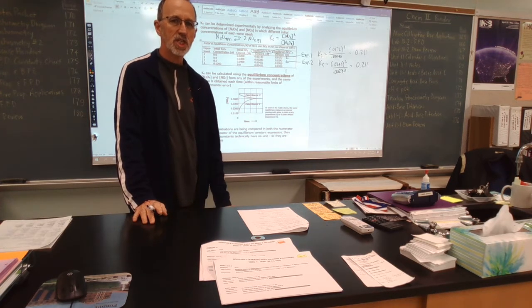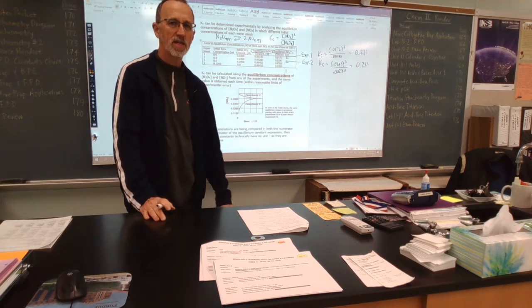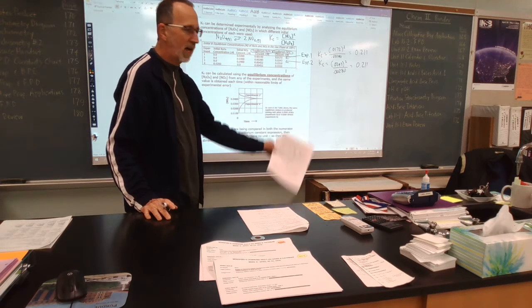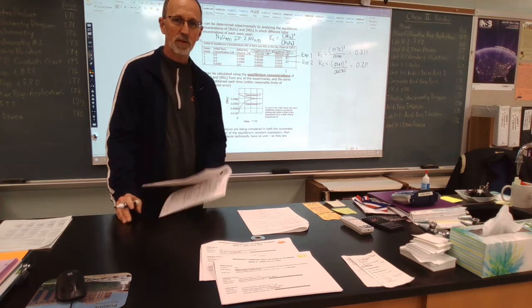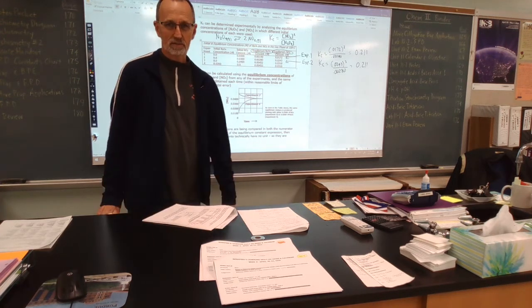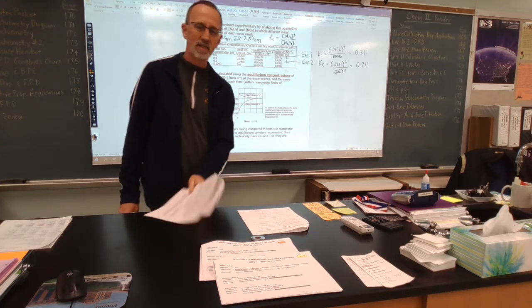Once equilibrium is achieved and the rates of the forward and the reverse reaction are the same, that value of K is exactly what it says it is. Equilibrium constant, right? It is a constant.